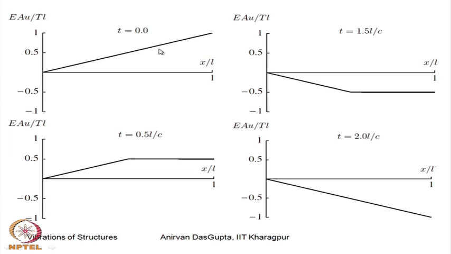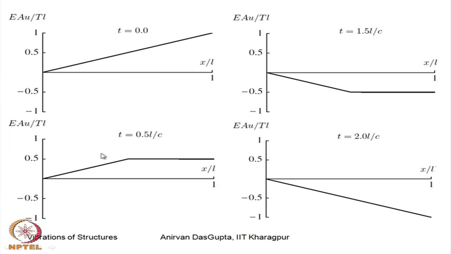This line is nothing but T x over E a, so this is a straight line with x. Here of course, I am plotting it with this non-dimensional variable x over L. So, initially the actual displacement is like this.